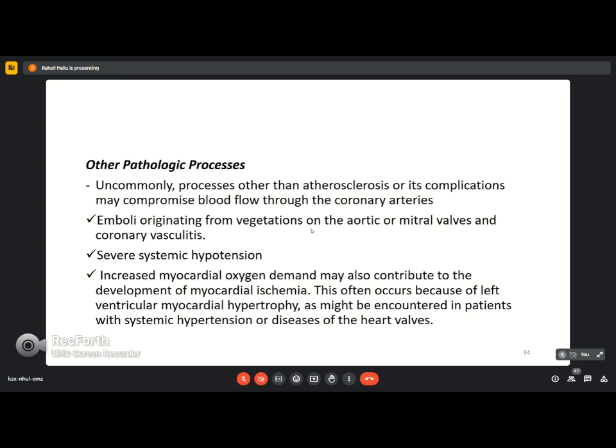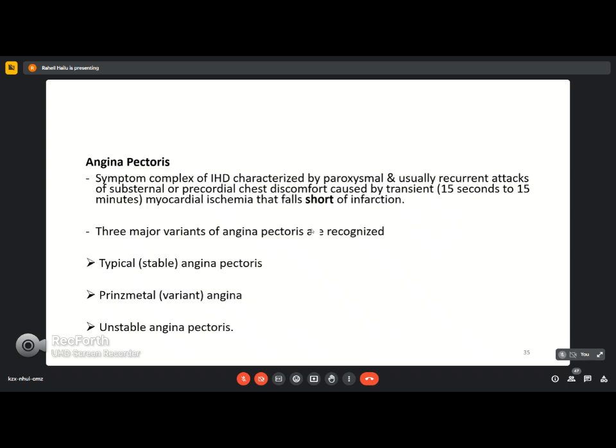Or it can be due to increased myocardial oxygen demand, due to hypertrophied heart muscles, pressure overload. With hypertrophied heart muscle, the increased demand makes it much more vulnerable to ischemia, and it can result in ischemic heart disease.